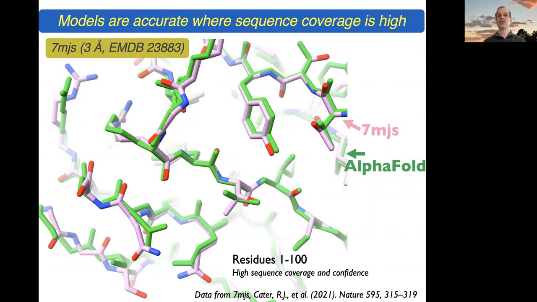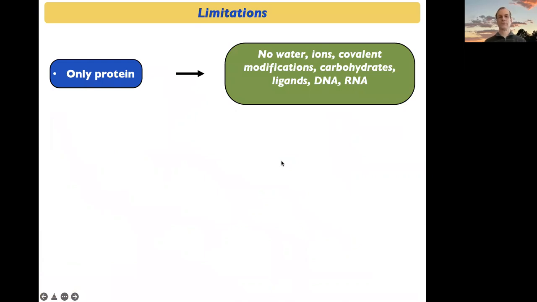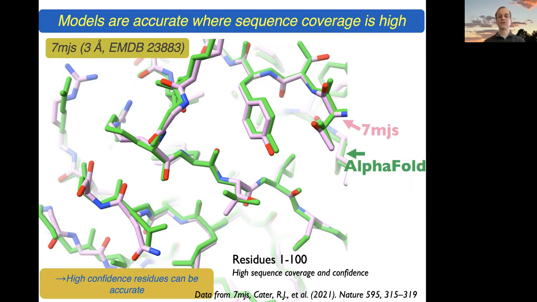Many of the residues superimpose within tenths of angstroms. Not everything is identical, but it's an amazingly good prediction. So high confidence residues can be very accurate.